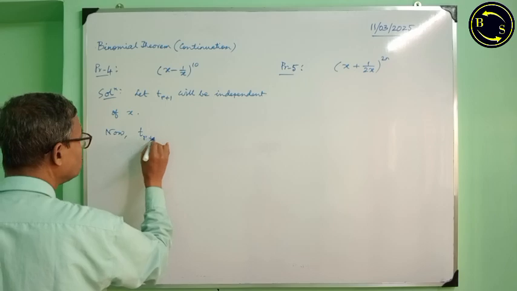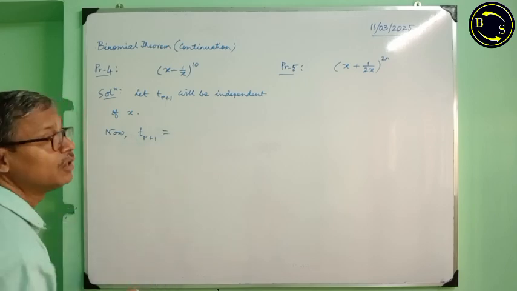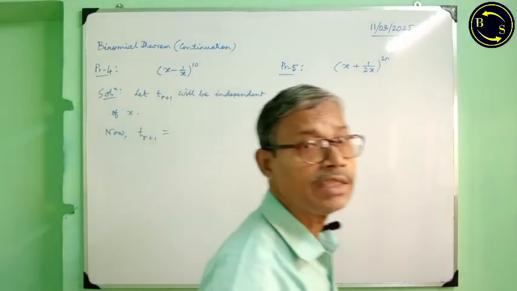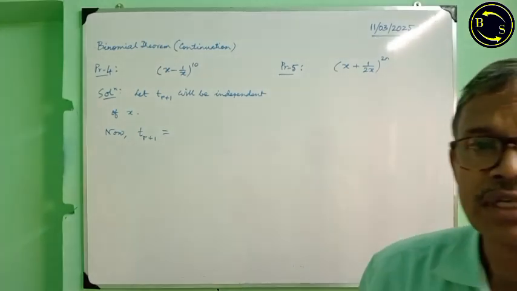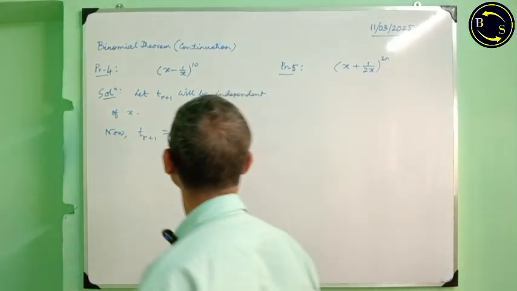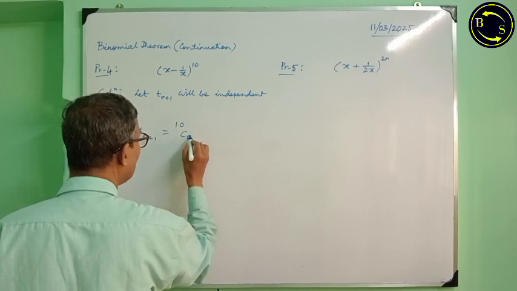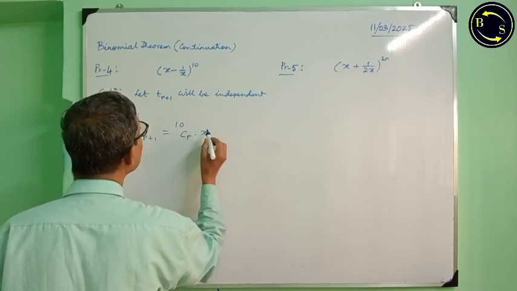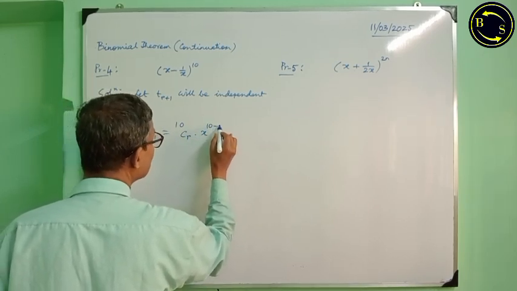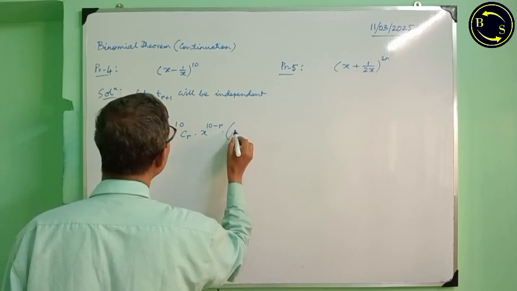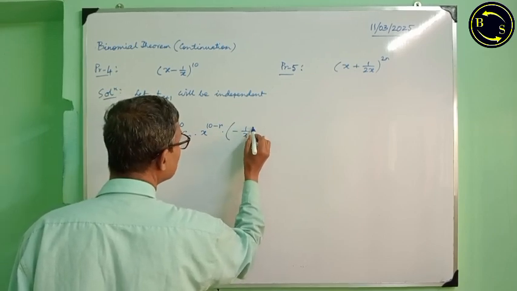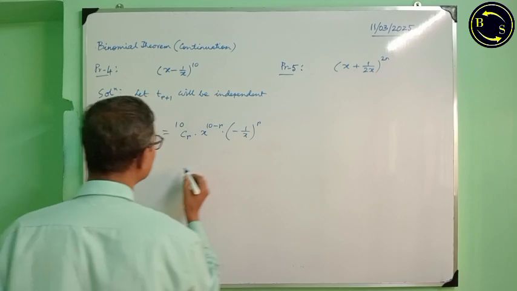T r plus 1 is equal to, applying that formula, n C r a to the power n minus r into x to the power r. Here n is 10, so 10 C r into x to the power 10 minus r into minus 1 by x whole to the power r.